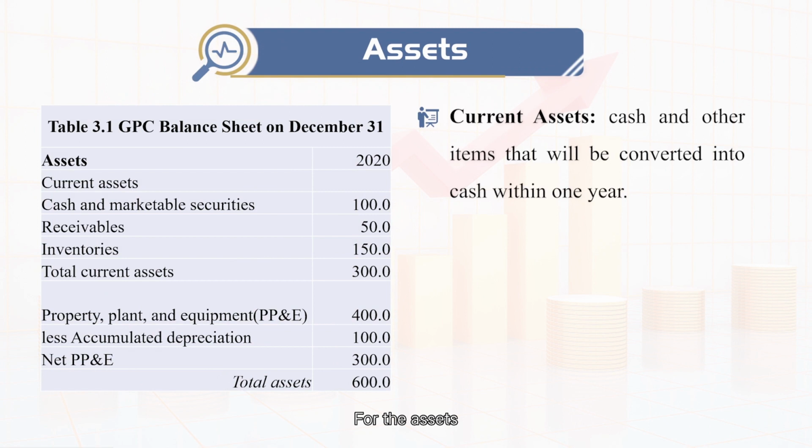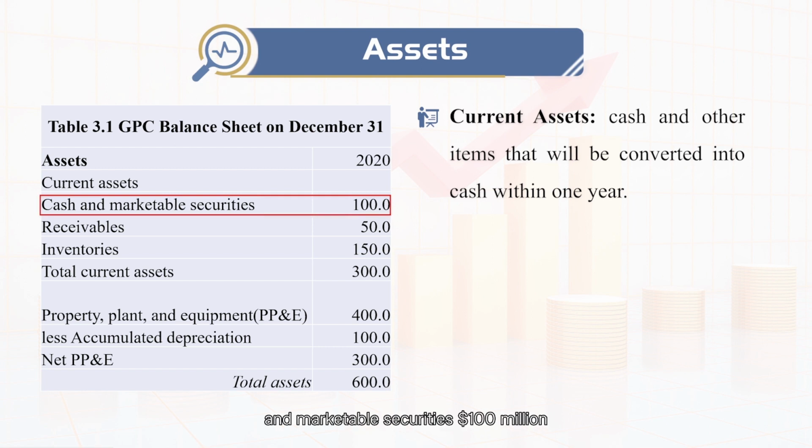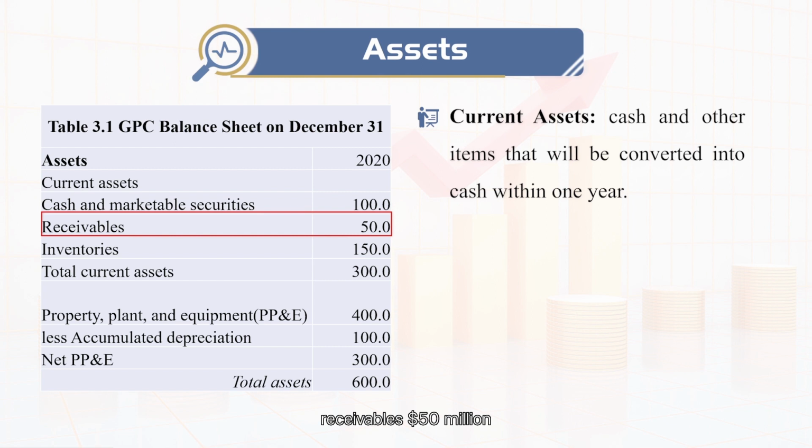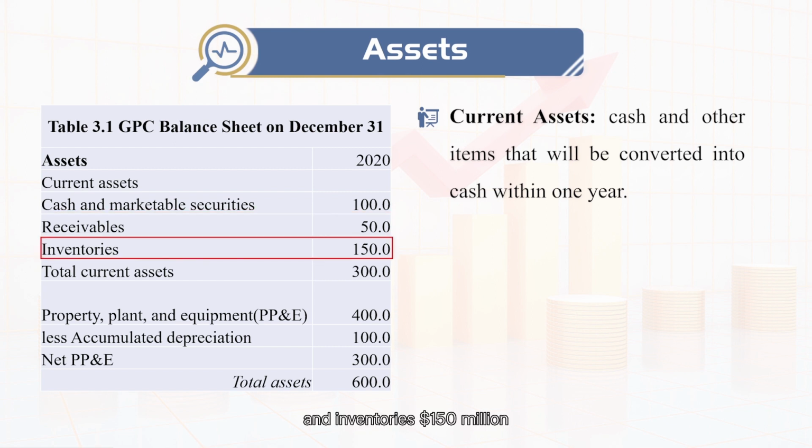For the assets, the first content is current assets, which are defined as cash and other items that will be converted into cash within 1 year. In GPC's case, the current assets consist of cash and marketable securities, $100 million, receivables, $50 million, and inventories, $150 million.